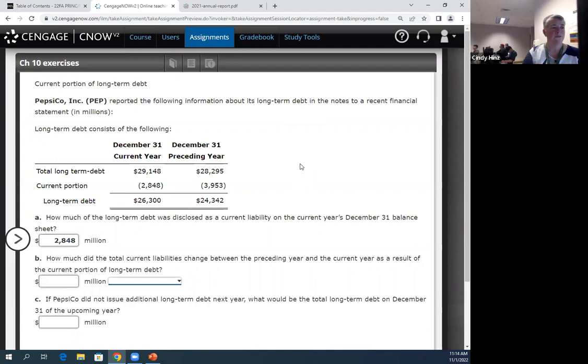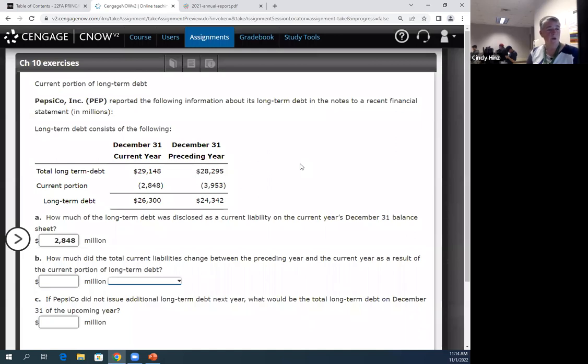Thank you, 2848. So $2,848,000,000. As of this date, Pepsi was going to be paying off in that current year almost $3 billion. That was money that had been borrowed more than a year ago.